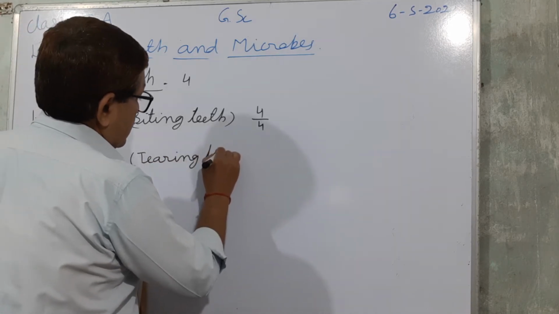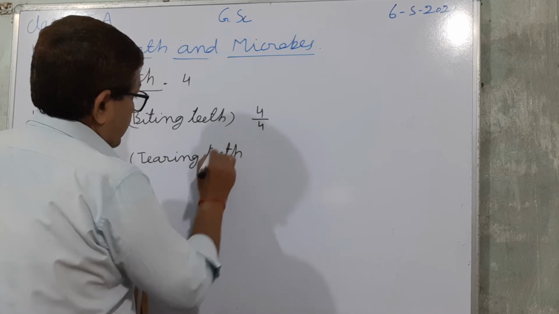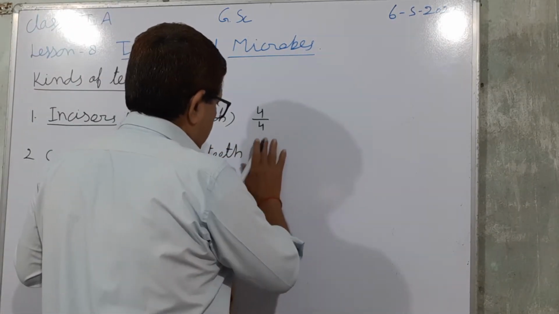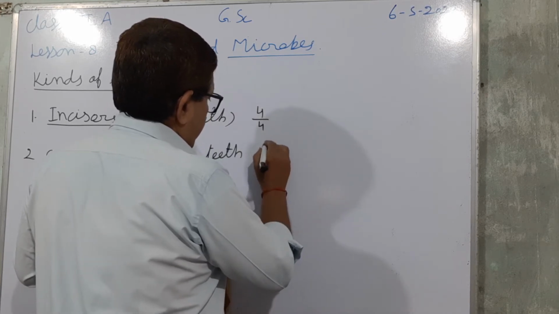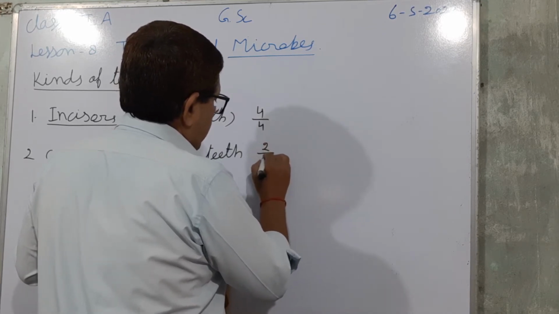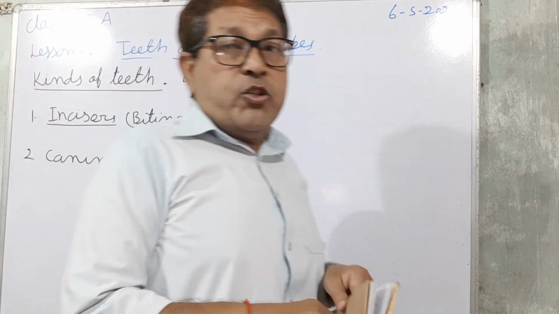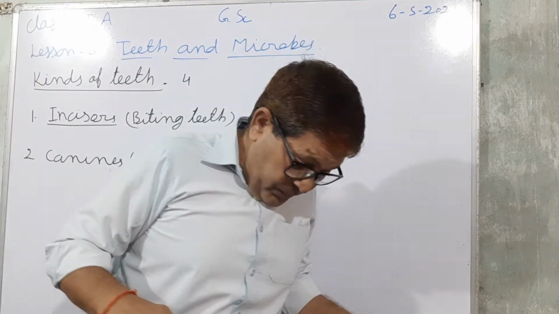Tearing teeth. Its number is 2 in each jaw, 2 in the upper jaw and 2 in the lower jaw.